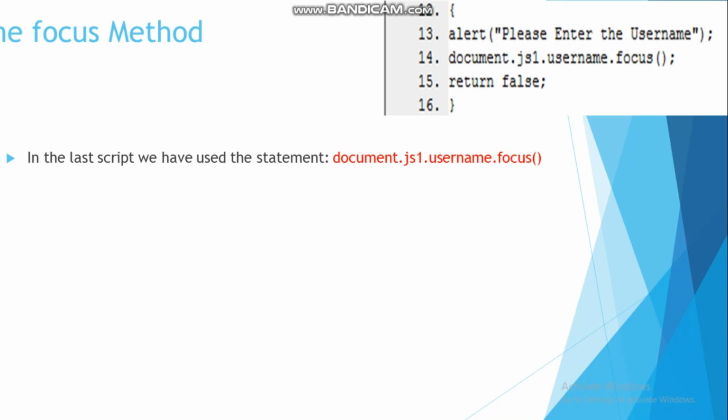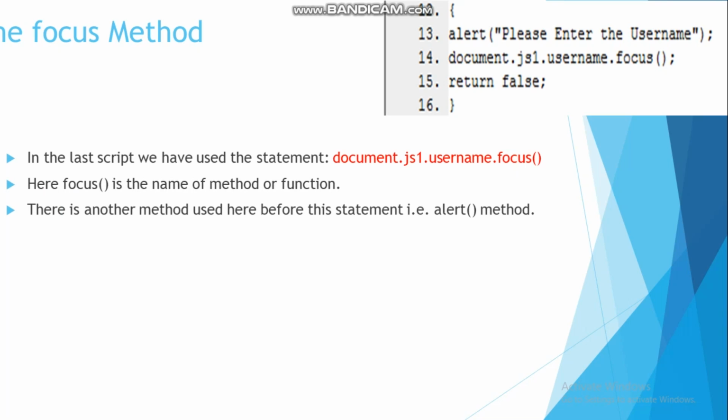Username is a text box inside the js1 form, and .focus lets the cursor go to a particular text box. So here focus is the name of a method or function. There is also an event named focus, but here this is a function.